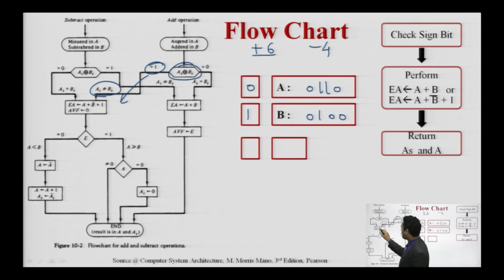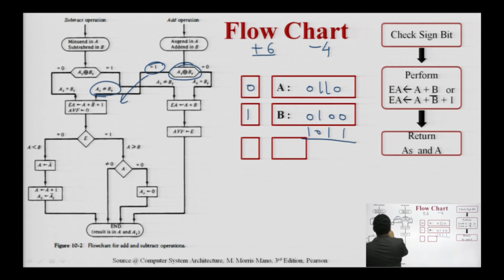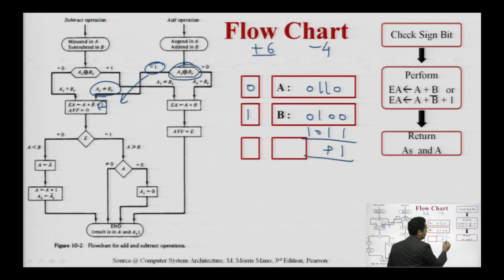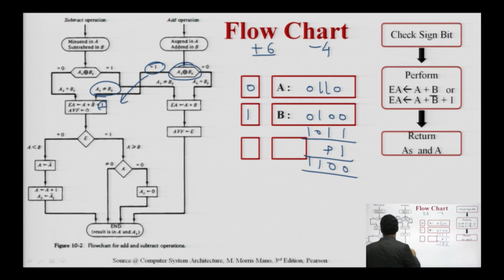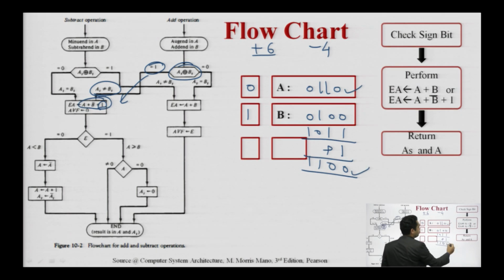So we are performing A plus B complement plus 1, meaning the complementer circuit is used here. We take the complement of this. Complement means the bits will invert, and we also add 1, giving 0, 0, 1, 1. This is the computed value, and now add it with A. So this value and this value are added: 0, 1, 0, 0 and 1.